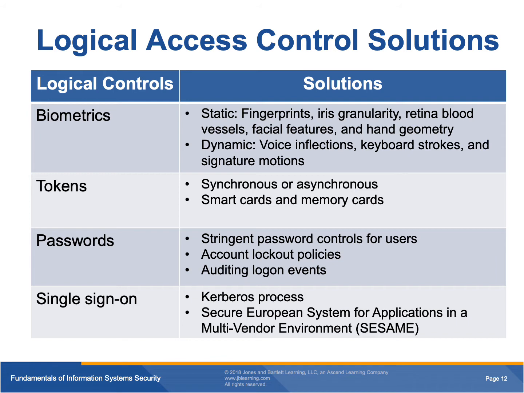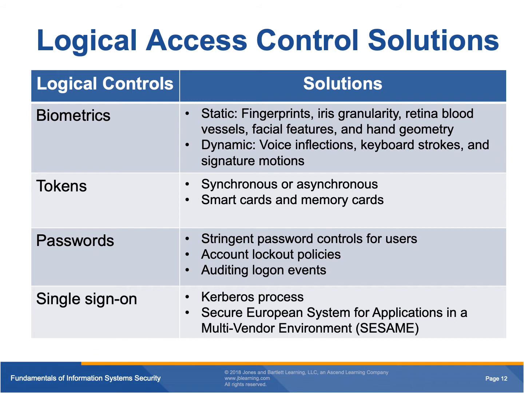So we have different types of access control systems, different access control solutions. Perhaps the more fun one is the biometrics, right? So we're using either static or dynamic features, things like fingerprints, iris scan, retina scan, whatever, or dynamic voice inflections, keyboard strokes, signature motions.